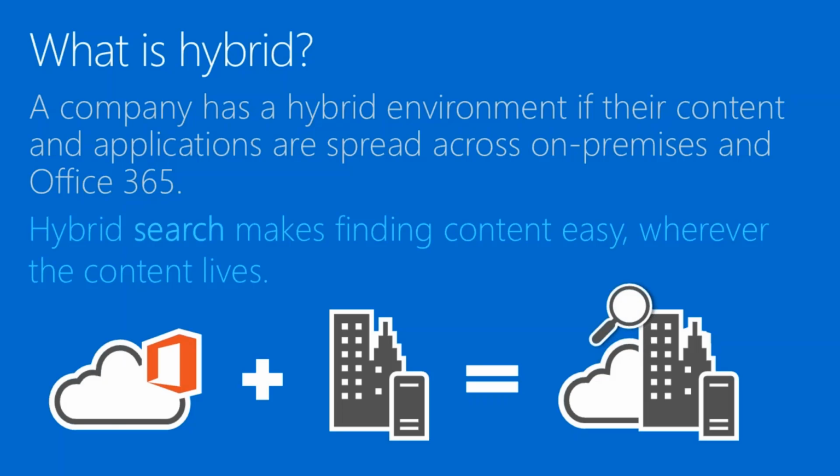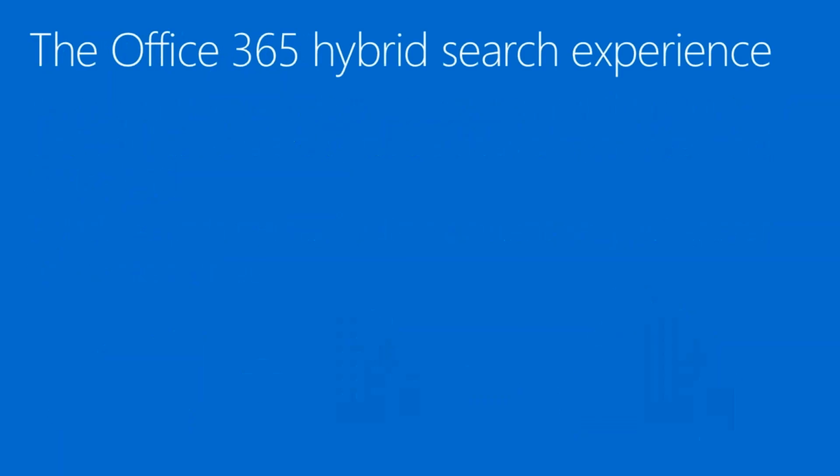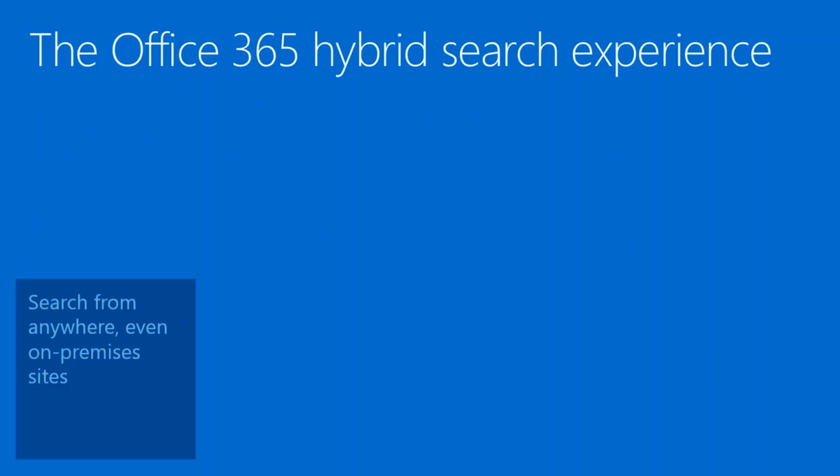But today we're going to be talking specifically about hybrid search and how hybrid search is going to make finding content wherever it is in your organization much more effective and much easier because we're taking advantage of the search services in Office 365. So the Office 365 hybrid search experience, the goals that the team set out to achieve, there are basically 4 of them.